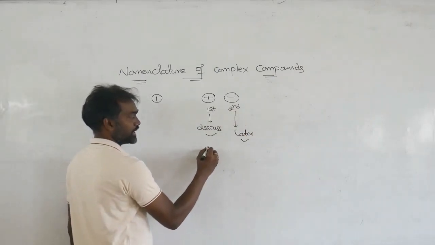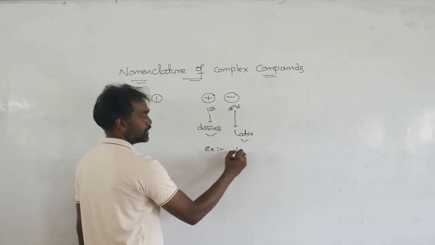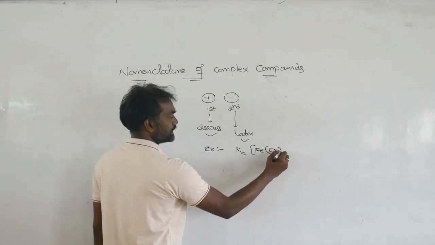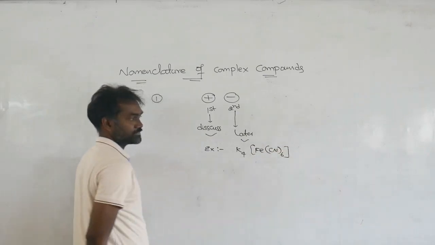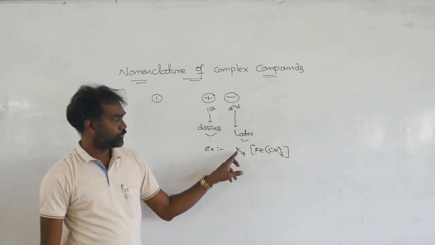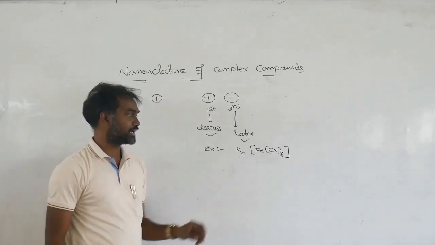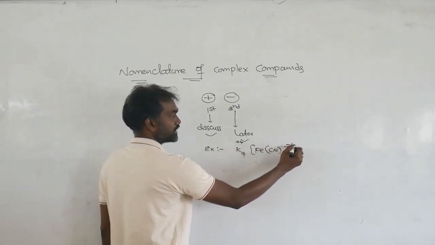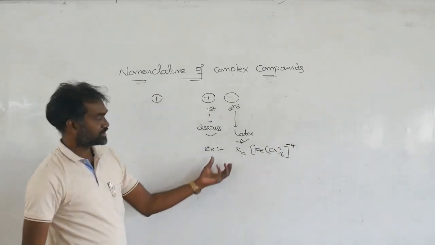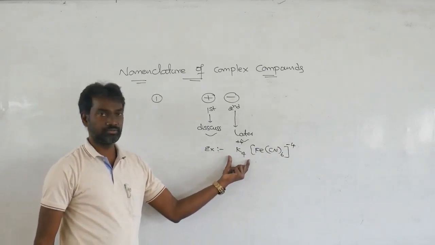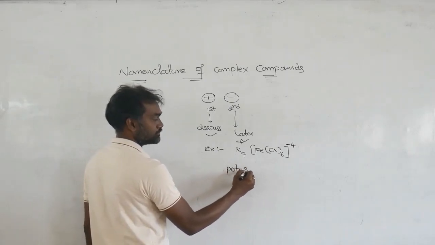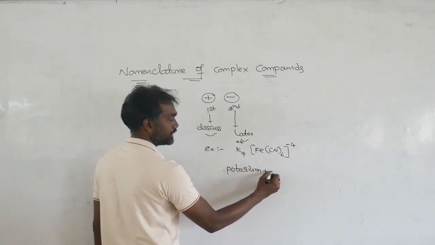Suppose I give one example: K4[Fe(CN)6]. Here one part is positive, and this is negative. Here 4 positive charges are outside, and 4 negative charges. First we discuss the positive charge, so this compound starts with potassium.